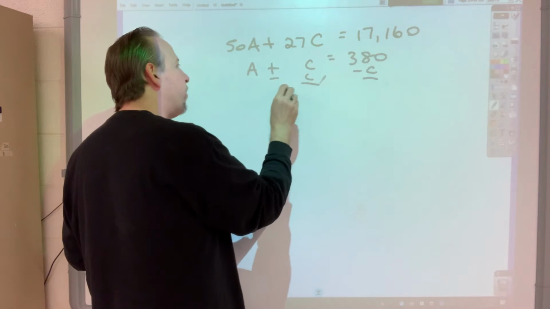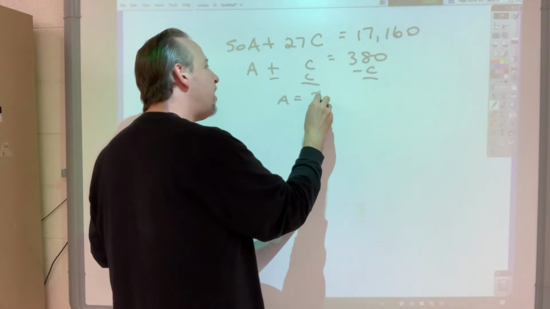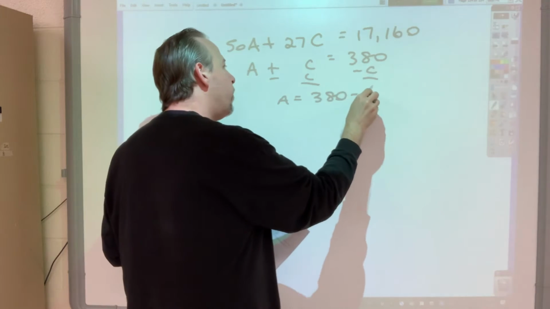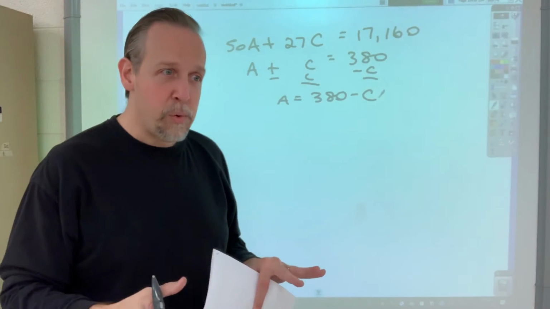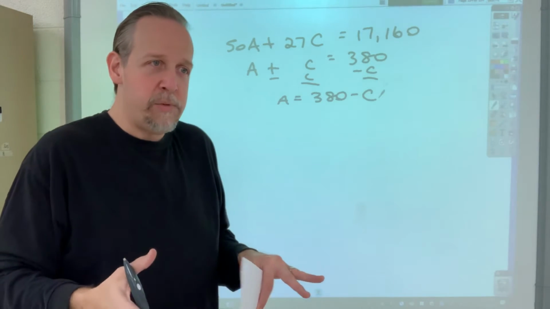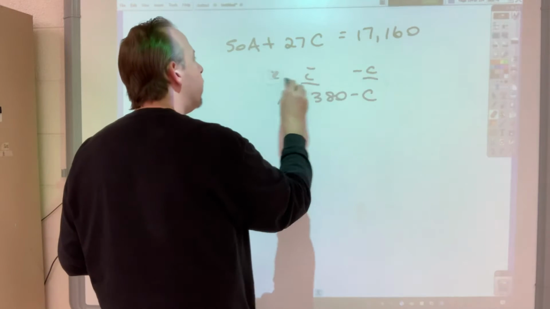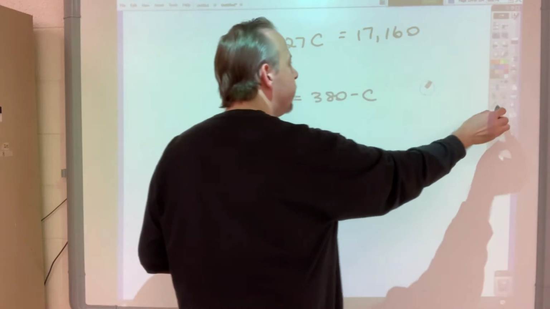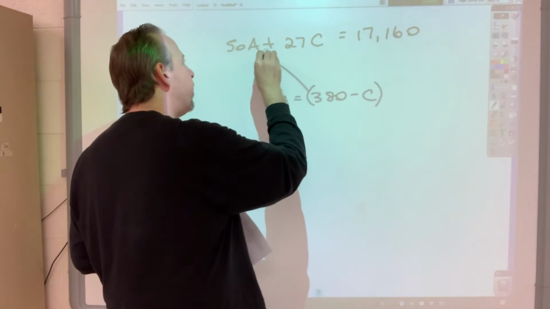Subtracting C from both sides in this equation lets me replace the letter A with 380 minus C. Because I want to only solve for C, I'm going to substitute 380 minus C in place of A.